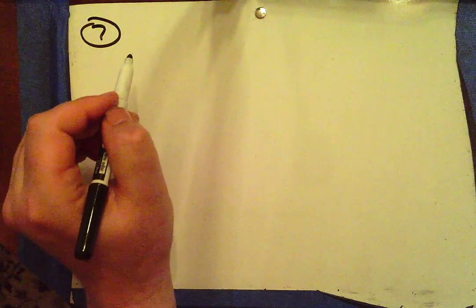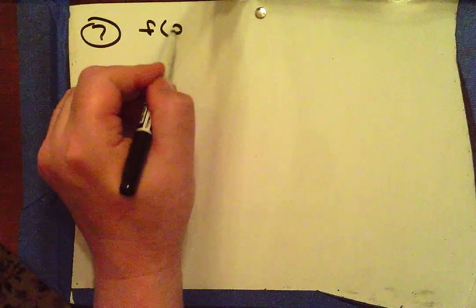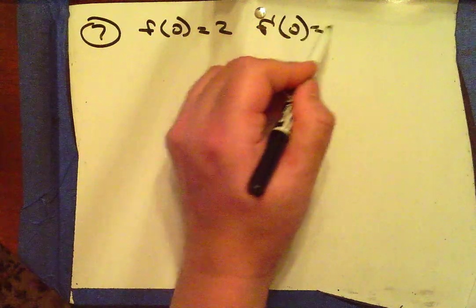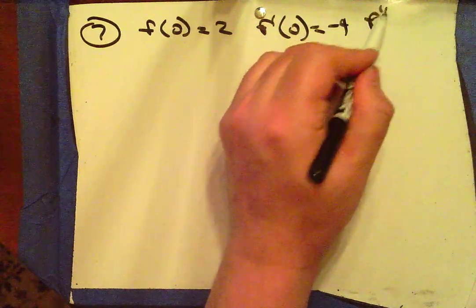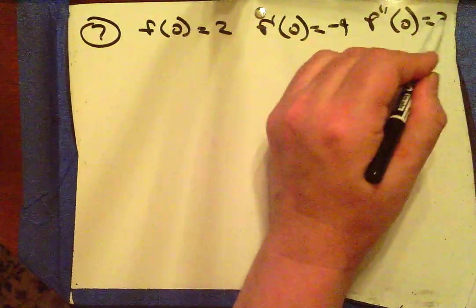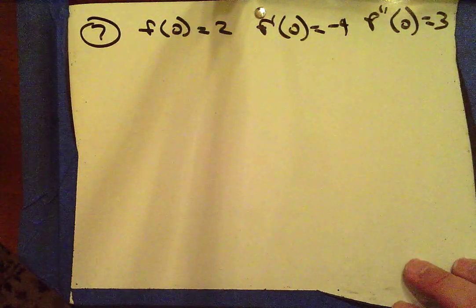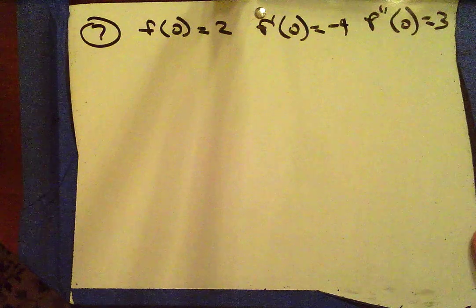Problem number 7. 7 says we've got a twice differentiable function f. We're told that f of 0 equals 2, f prime of 0 equals -4, f double prime of 0 equals 3. Oh, the mischief we'll get into with that knowledge. Okay, so what do we know?